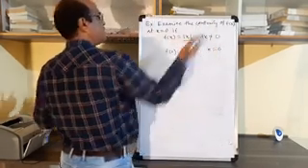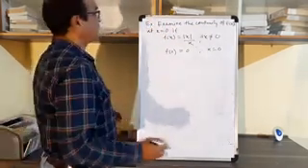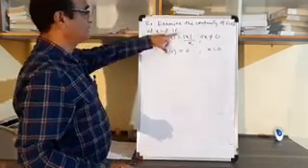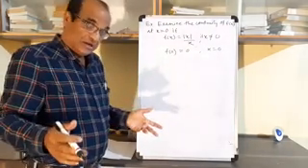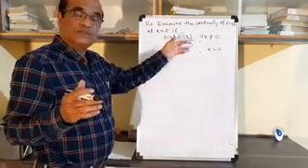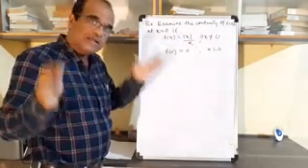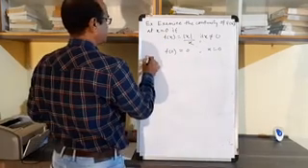If x is not equal to 0, f(x) is mod x upon x, otherwise 0. So test the continuity of the given function at x is equal to 0. Is it a continuous function? We check here whether this function is continuous at x is equal to 0. Okay, so then what is the solution here?